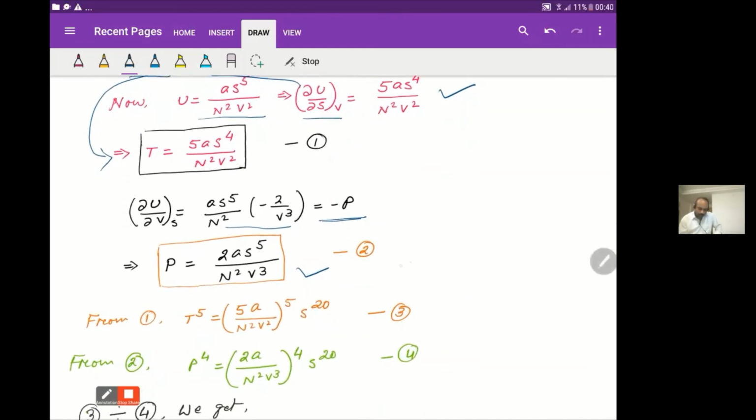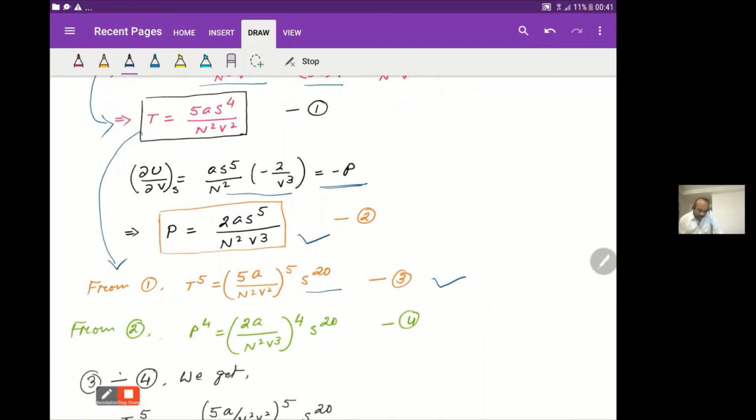So from 1, we can write T to the power 5 is equal to (5A by N square V square) whole to the power 5 times S to the power 20, because we want to get rid of the entropy term. Similarly, from 2, we can write P to the power 4 is equal to (2A by N square V cube) to the power 4 times S to the power 20. So now we have equal powers of S.